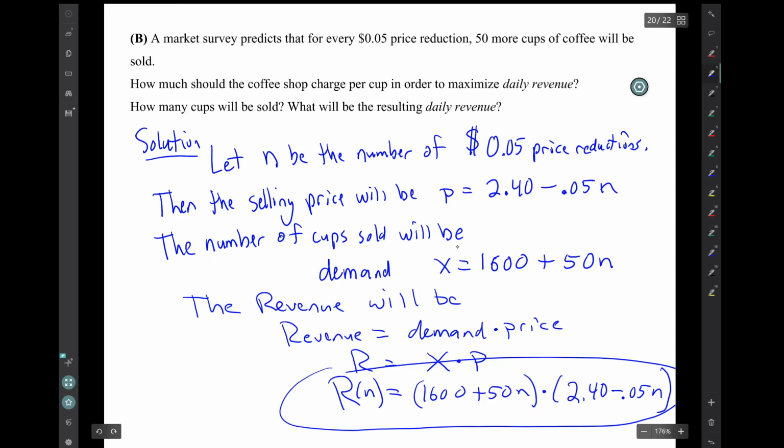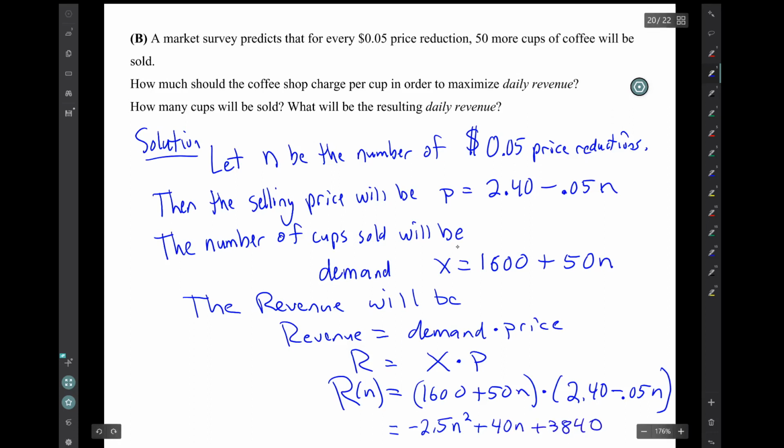Now, I can multiply all that out, and this is in factored form. Let's get a standard form. So there is a revenue function.